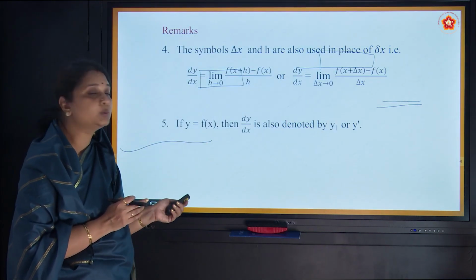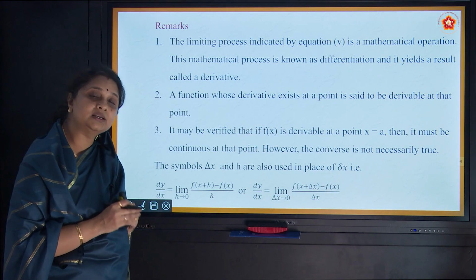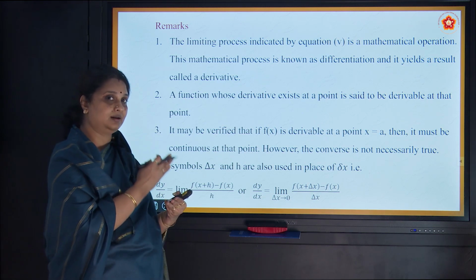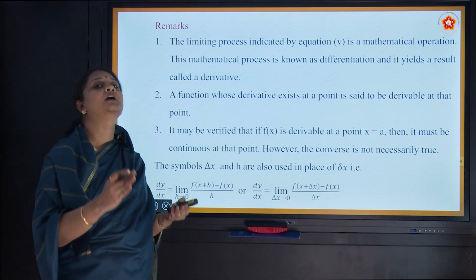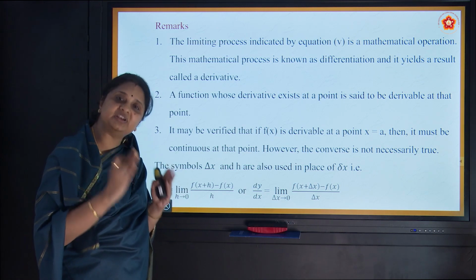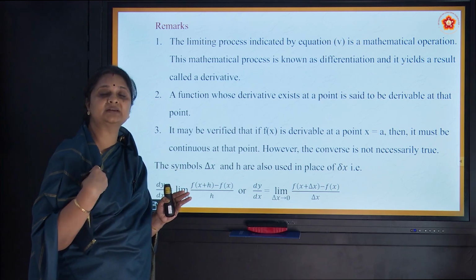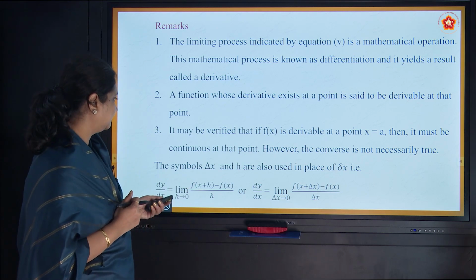And all continuous functions need not be differentiable. So what do we understand from this? All differentiable functions should be continuous, but not all continuous functions are differentiable. These things we will definitely look into with examples in our future videos, but as of now, please understand the facts behind it.